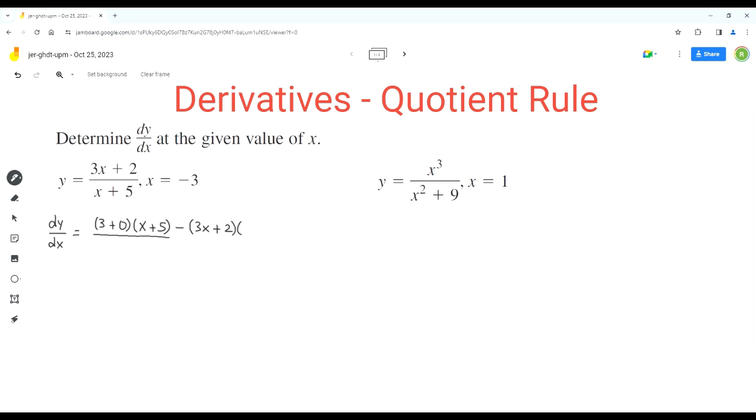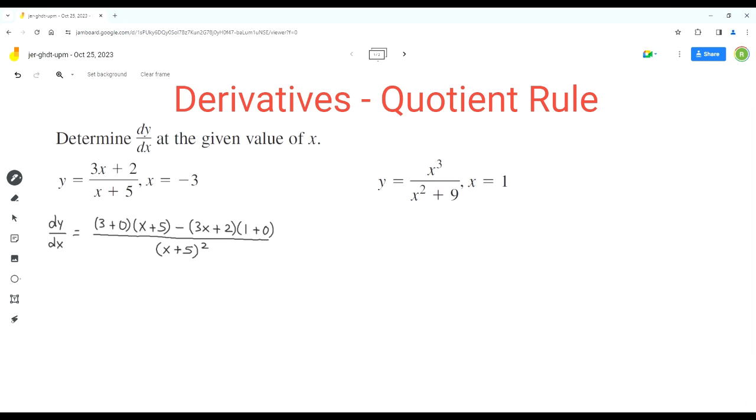The denominator is x plus 5, so the derivative will be 1 plus 0, over the square of the denominator, which is x plus 5 squared.